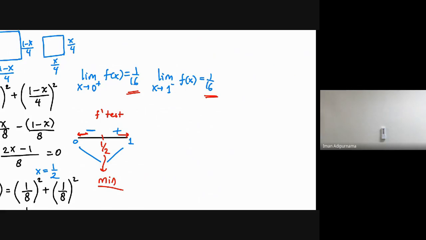So the answer is actually this 1 over 16 in limit value. Because if not using limit, then it's impossible. If your x is 0, your wire is gone, right? You lose your wire.